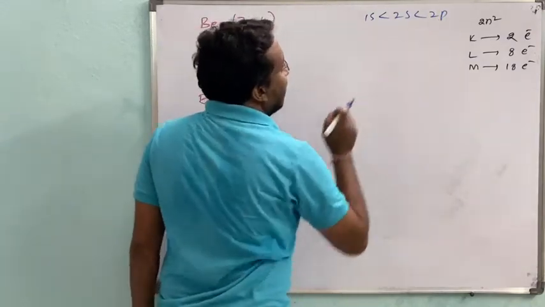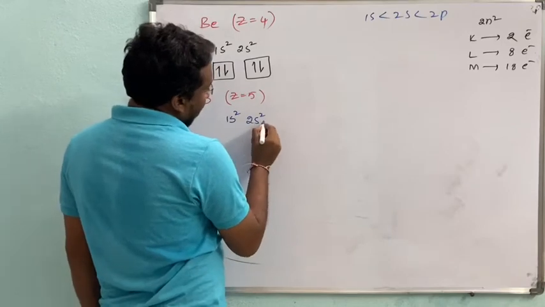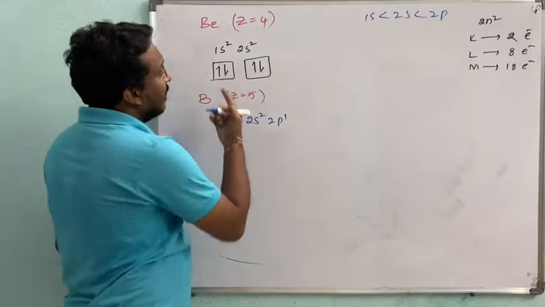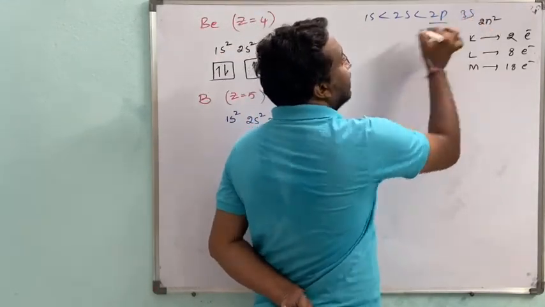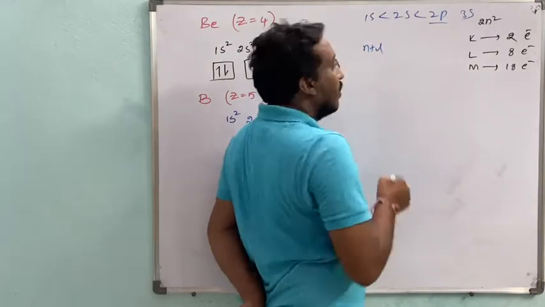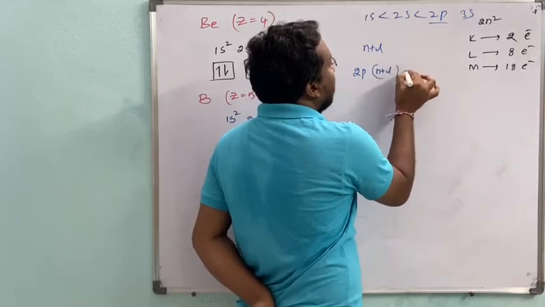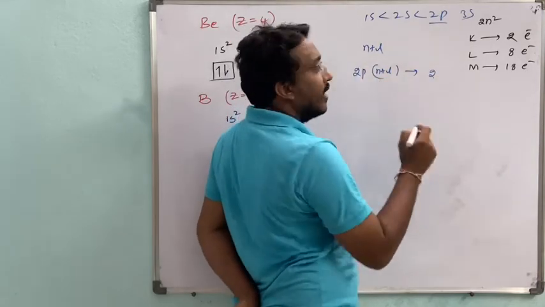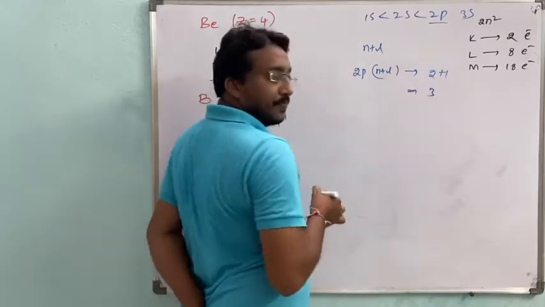The next electron enters 2p, so 2p1. Or otherwise we can use our above principles. Next we have to fill 2p or 3s, and we decide by the n plus l value. For the 2p orbital, n equals 2 and l equals 1, so 2 plus 1 equals 3.